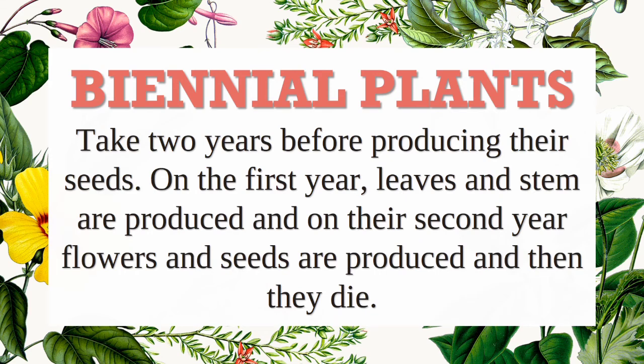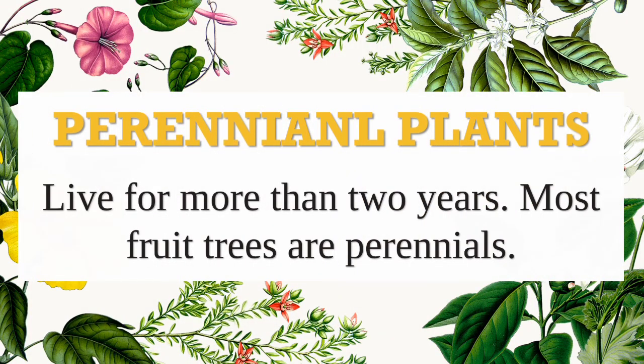In the first year, leaves and stem are produced, and in their second year, flowers and seeds are produced, and then they die. That is the biennial plants. And the perennial plants live for more than two years. Most fruit trees are perennials. Okay, remember that? Three other ways of grouping plants.